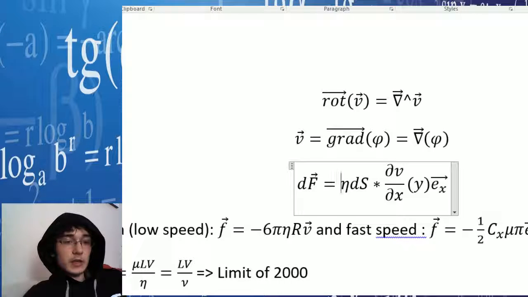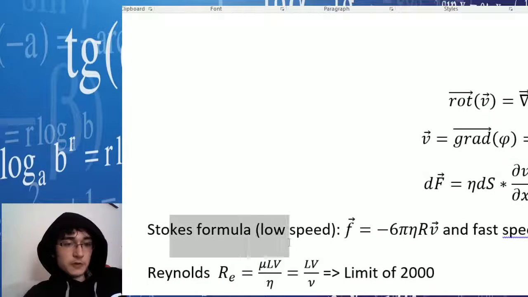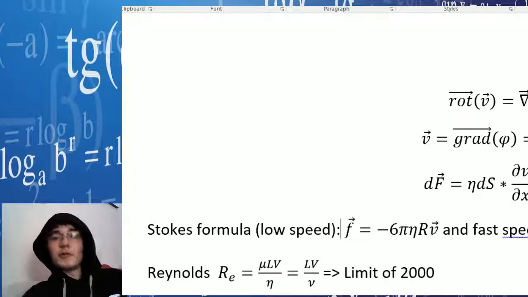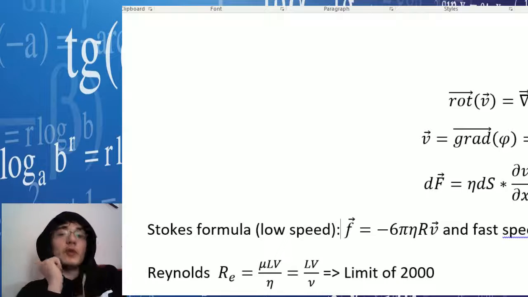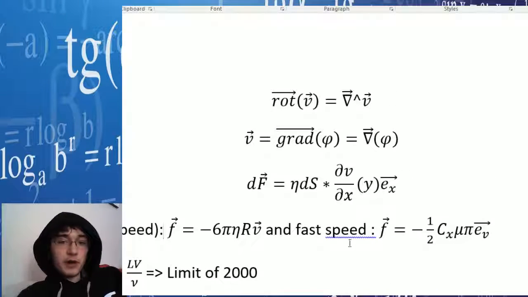Okay. Now, there are two formulas. The Stokes formula for low speed, for particles that are going very slowly, and a formula for fast speed.